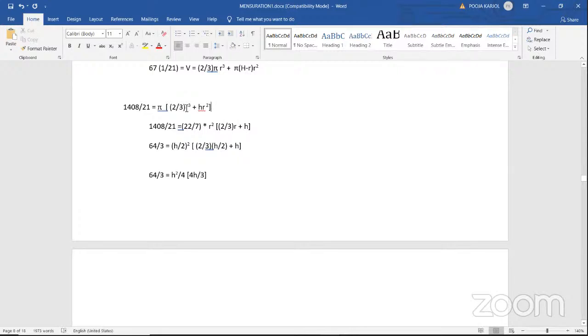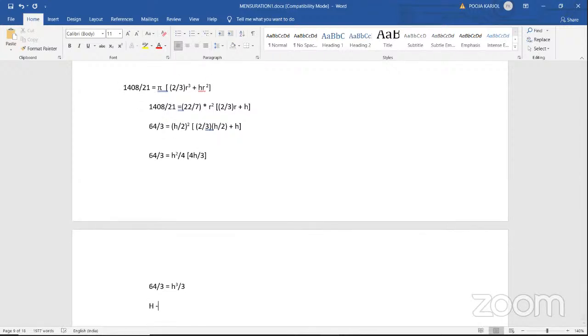R square 2 by 3. H cube plus by 3. The 4 in the denominator and 4 in the numerator will cancel, correct?